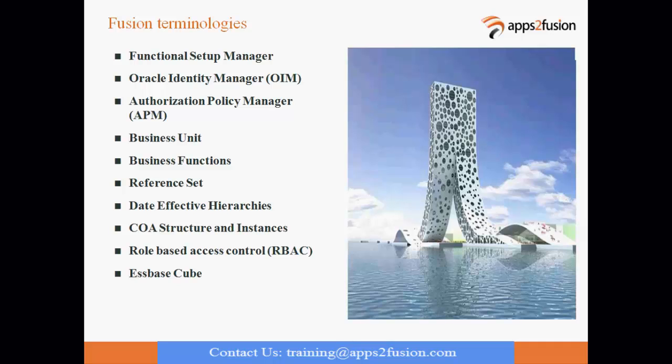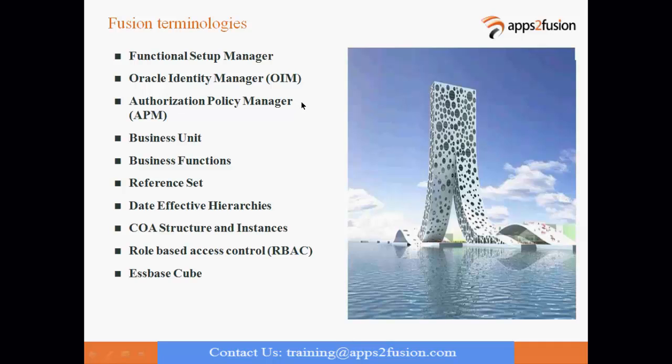Like in EBS, all your user information is stored in the transactional database itself. If I want to talk about the technical tables, if you have worked with them, your FND users, FND responsibilities, all those things have to be created, and everything is stored in your transactional database. But in Fusion it is stored in a separate database. OIM is a separate database, APM is a separate database.